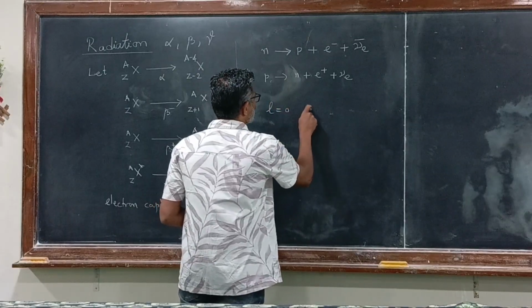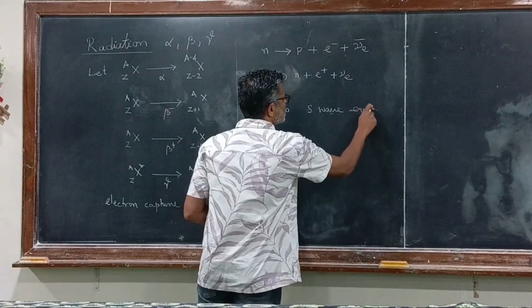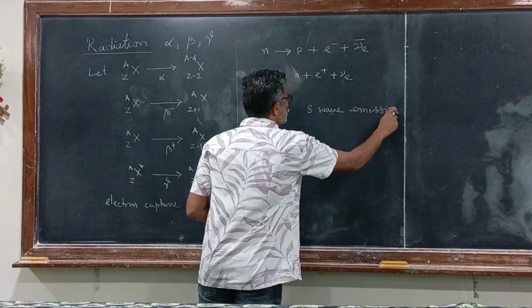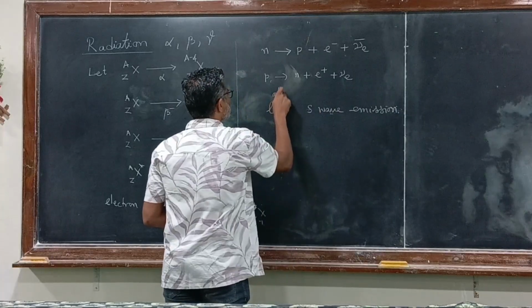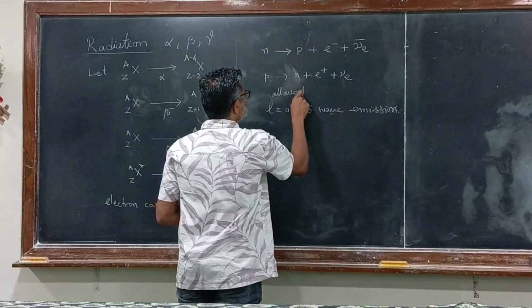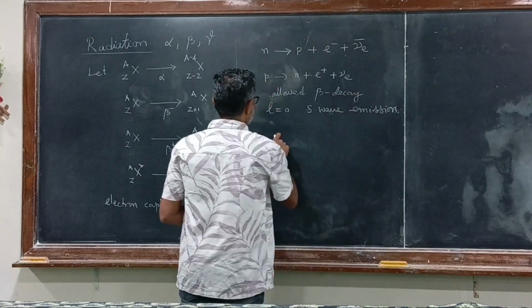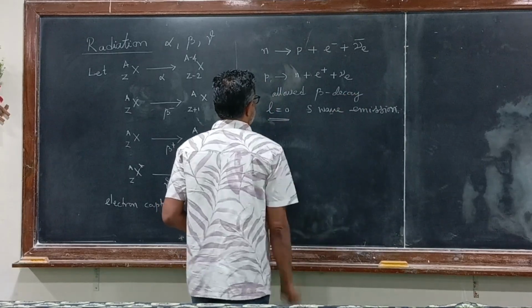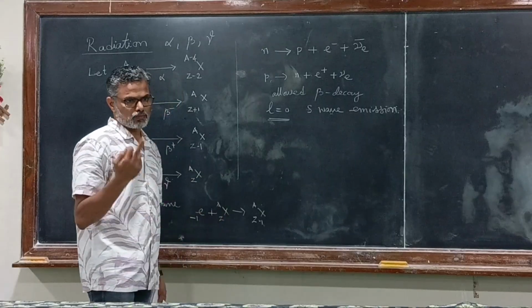L equal to 0 is called S-wave. So this S-wave emission is allowed. Allowed beta decay means your L value is 0.